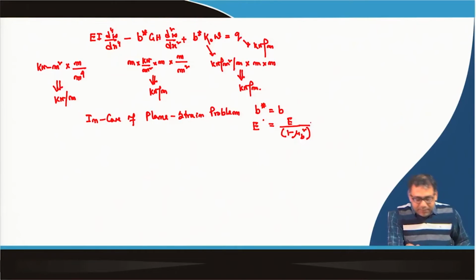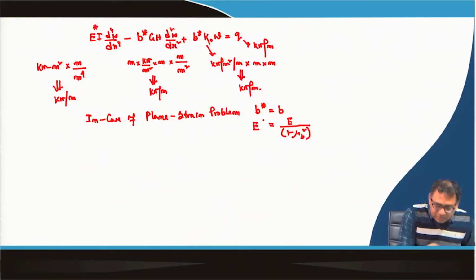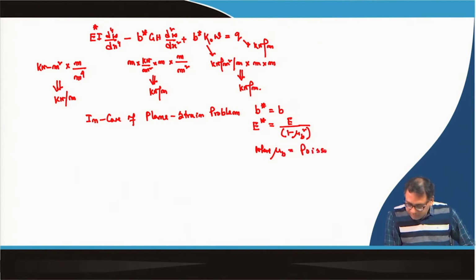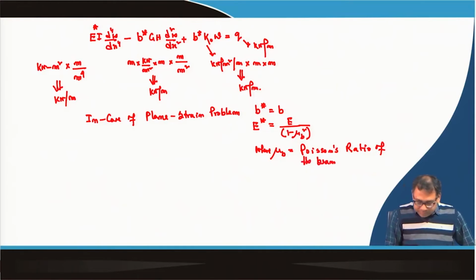So, here not only B star, I have to write E star also. Okay? So, that means here what is E star? In case of plane strain problem, B will be equal to B, B star will be equal to B, and E star will be E by 1 minus mu B square, where mu B is equal to Poisson's ratio of the beam or beam material.